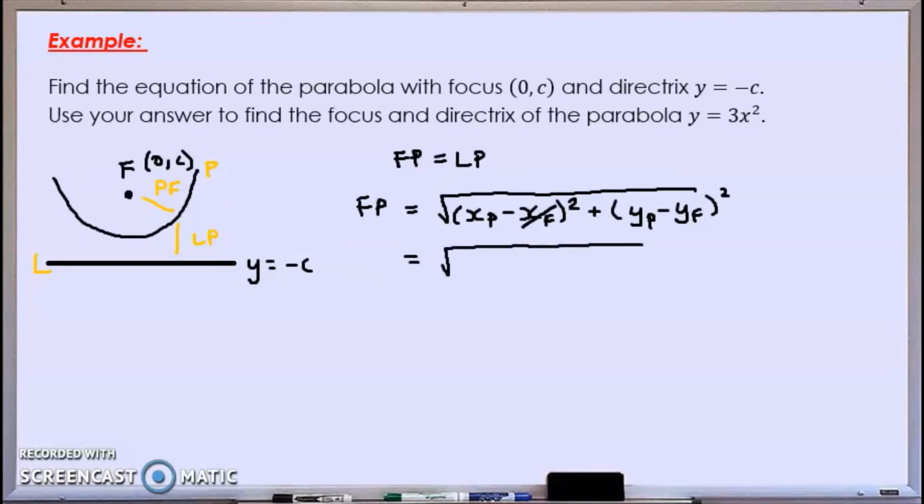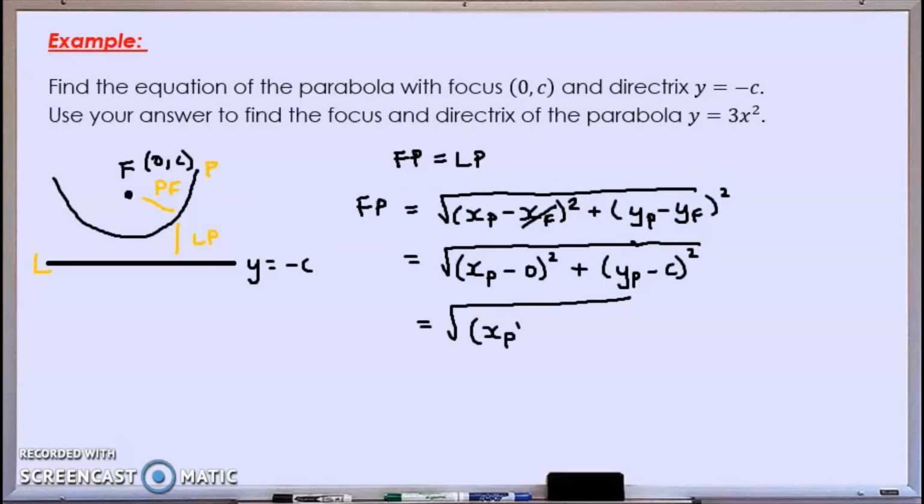So therefore, this point's 0, so I can say it's the square root of (xp minus 0) squared plus (yp minus c) squared. That should be a plus. And that's my distance, FP.